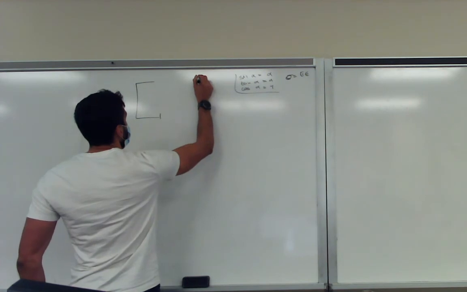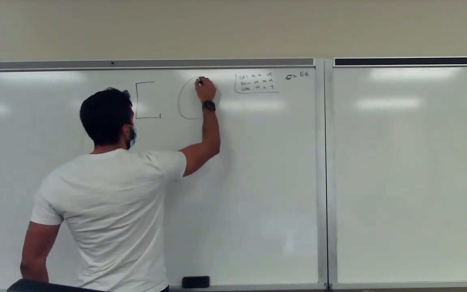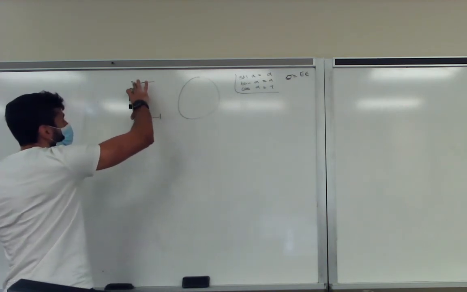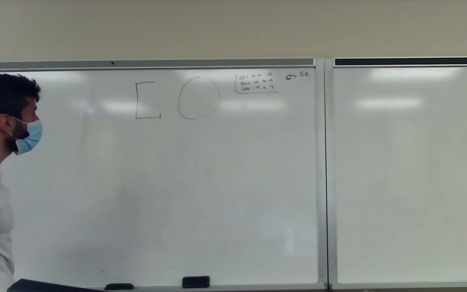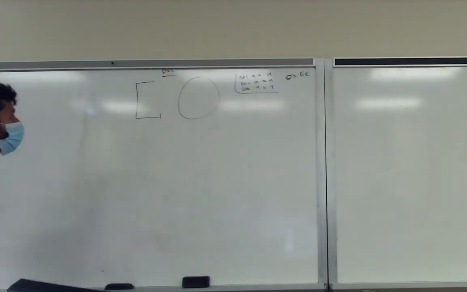Okay, circle. Let's assume that the radius of the circle is basically the same as this dimension, the height. So diameter and radius are the same. So D equals H for our assumption.